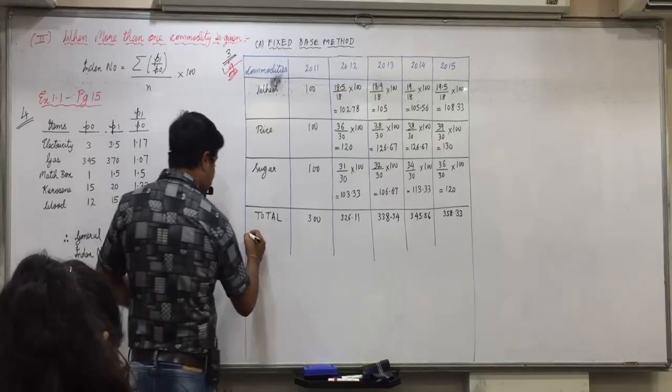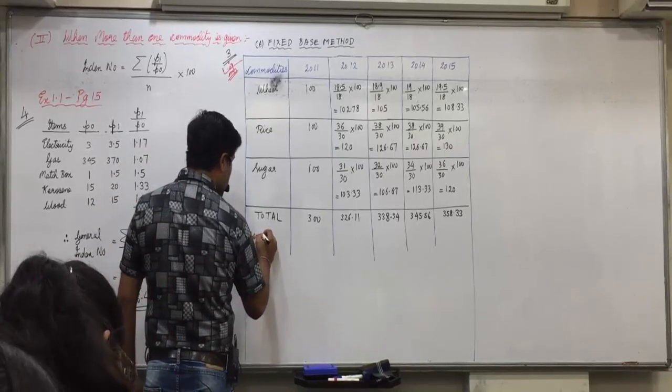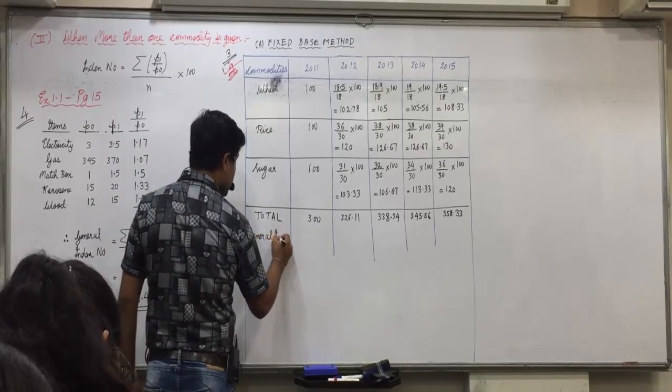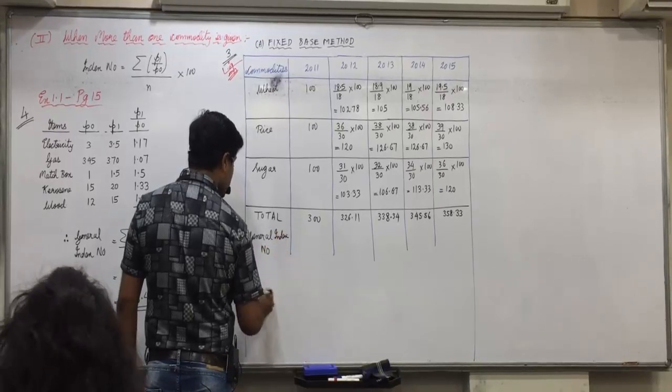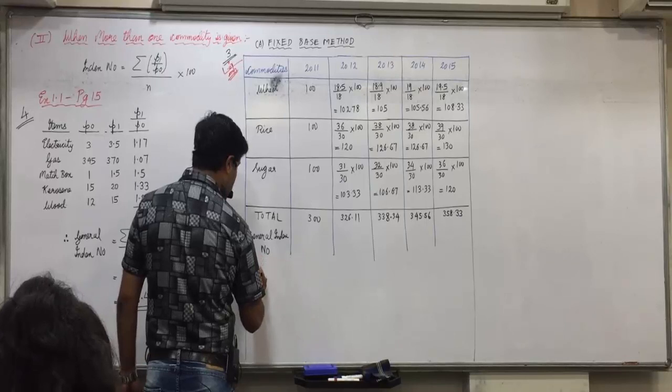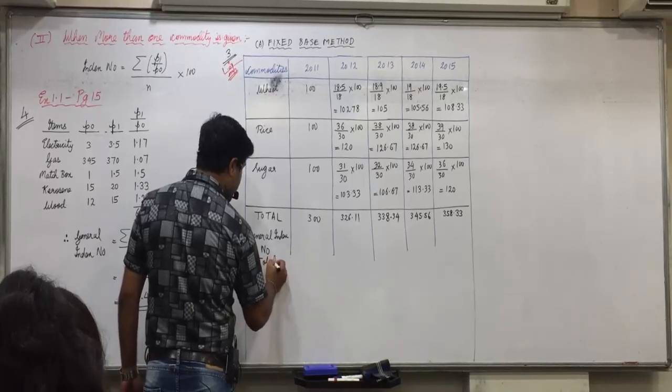Now we will find the average. General index number, in bracket write down total.